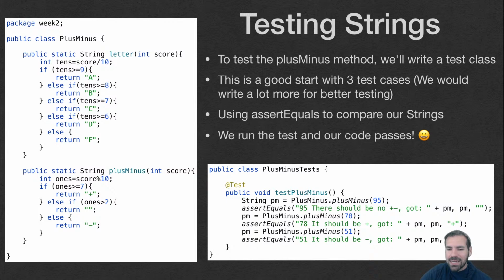There's no real magic here. Assert equals says assert true PM dot equals empty string. 78, I expect that to be a plus, and 51, I expect that to be a minus, even though it's an F minus. It's weird, but our plus minus method itself should return minus on 51. And our code passes, so we're feeling good.